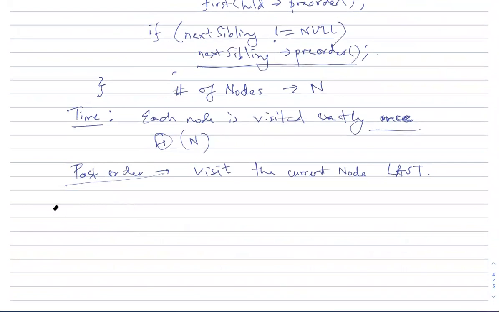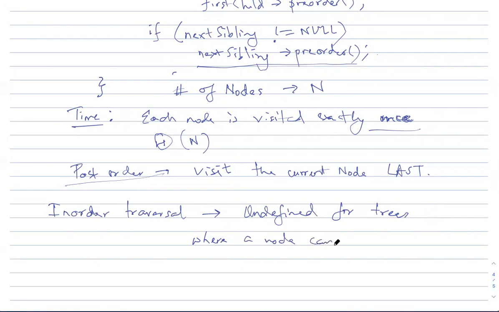Okay. There is one more kind of traversal called in-order traversal. That is undefined for trees where a node can have more than 2 children.